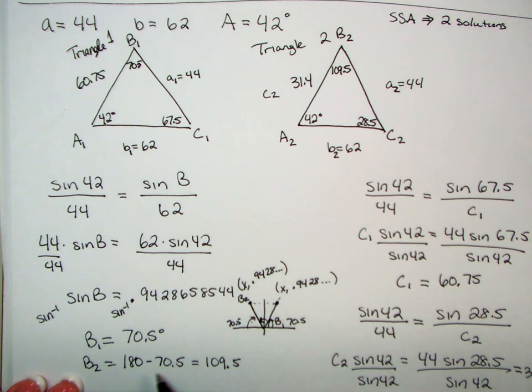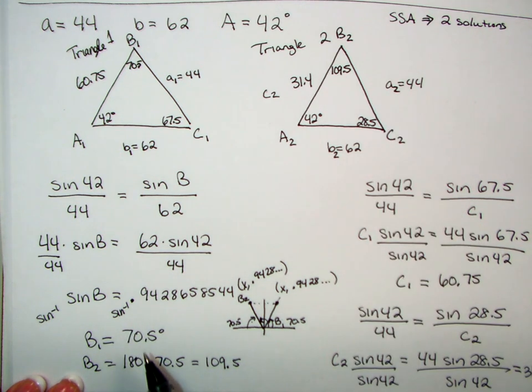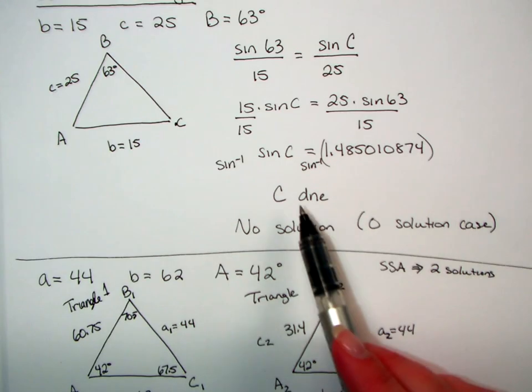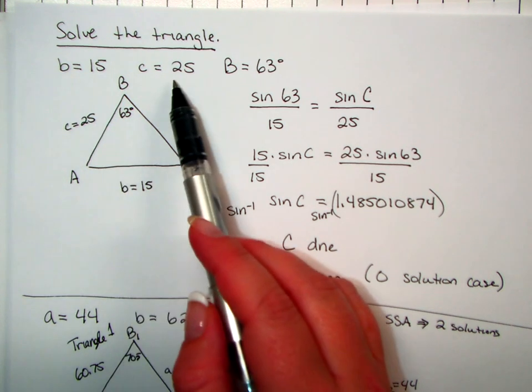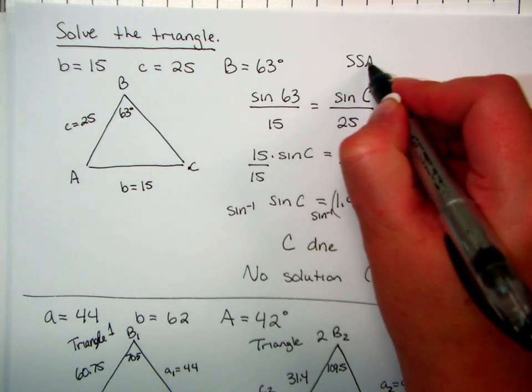And so you do 180 minus 70.5, that gets you your other answer. So when we're doing side-side-angles, we're always finding two solutions, unless it's like the first one, when we couldn't even find one solution. So this was a side-side-angle with zero solutions.